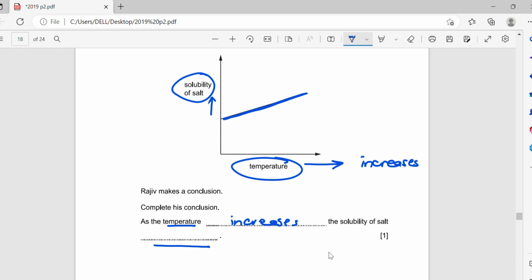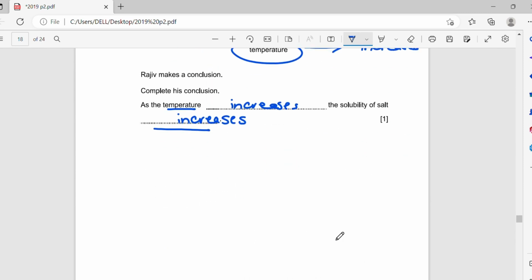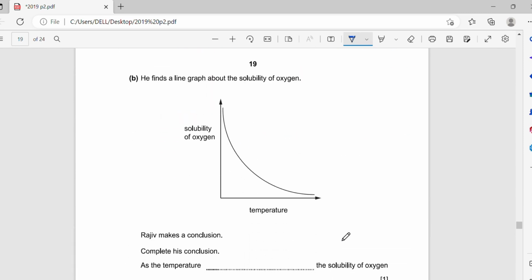So as the temperature increases, the solubility increases as well. Next one. He finds a line graph about the solubility of oxygen. Here we have the solubility of oxygen and the temperature. As we go to the right side, the temperature increases. The solubility curve goes from up to down.